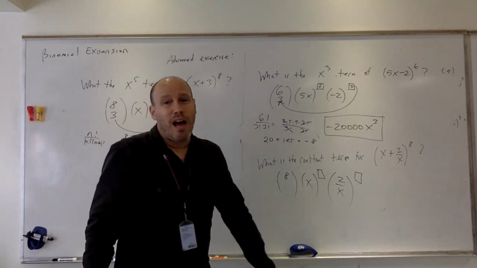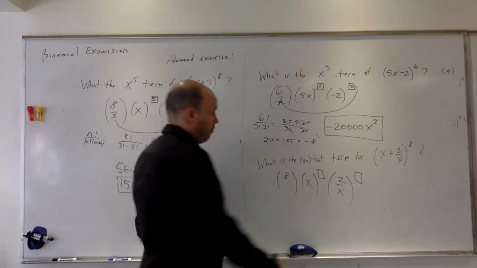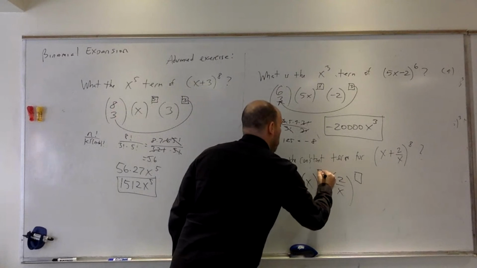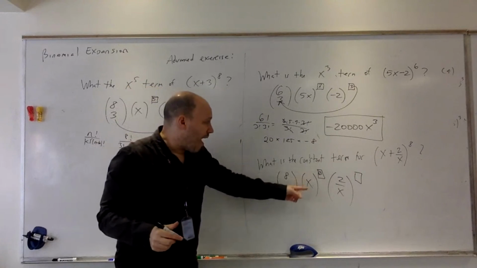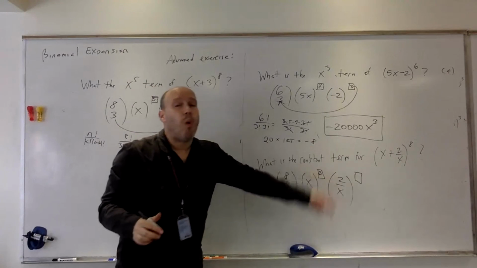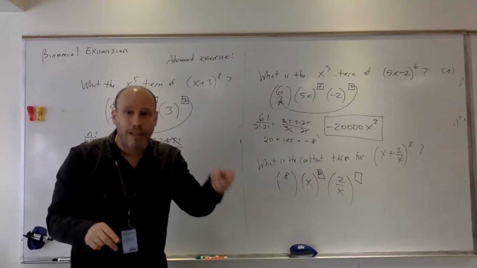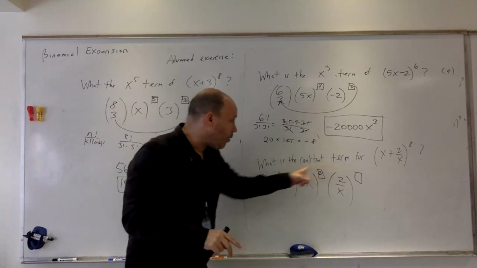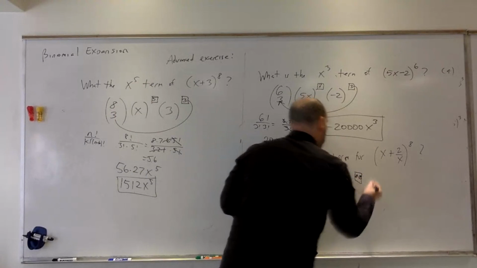Well, math is math. In math, if you don't know something, call it b. Well, if I raise x to the b, what is 2 over x raised to? Nice, 8 minus b. Remember, the sum equals 8.